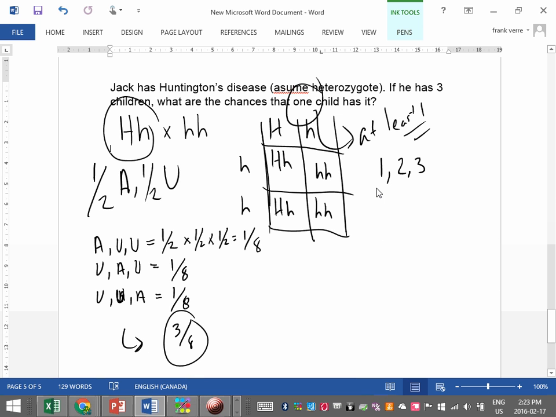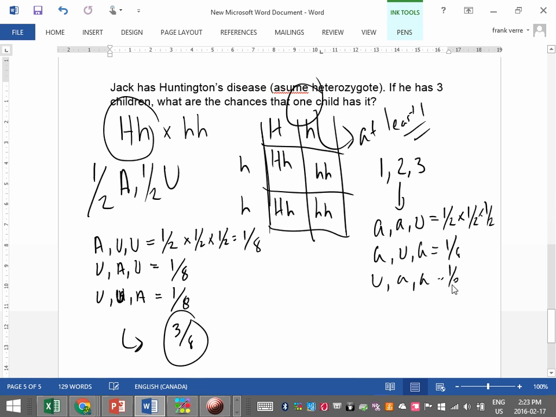Or we could do, what are the odds that 2 out of 3 will be affected? In that case, we do A, U, A, U, A, A, and in this case, it will be a half times a half. Again, you'll notice they're all going to be 1/8, right? So that will give us 3 out of 8.